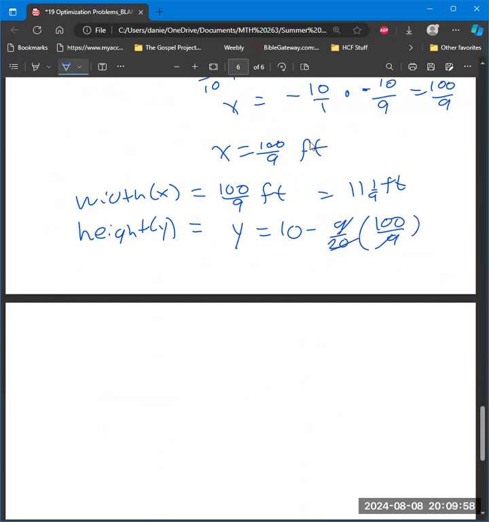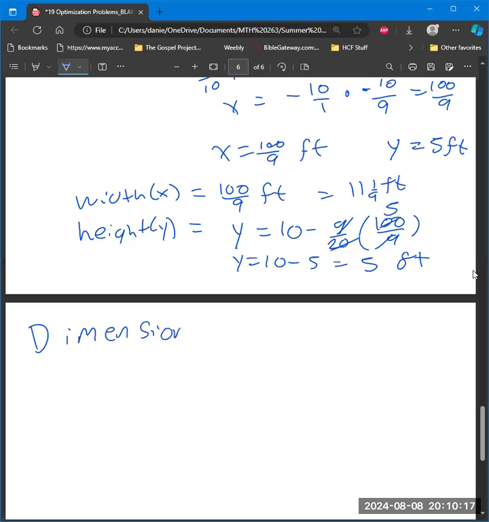Nines will cancel. 20 goes into 10 5 times. Y is equal to 10 minus 5, which is 5 feet. So our dimensions are going to be 11 1/9 feet by 5 feet.